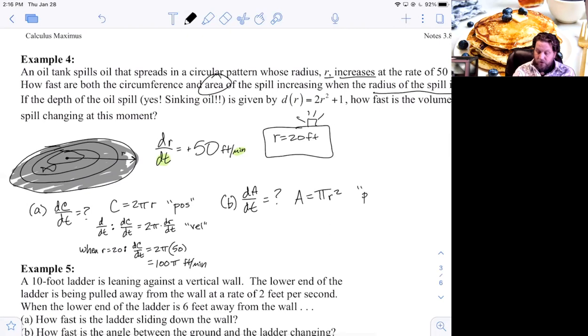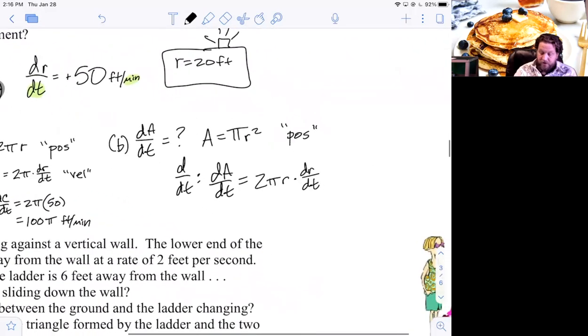So again, that's your quote-unquote position equation. Now we'll take the derivative with respect to time, and you get dA/dt equals 2 pi r, which is the circumference, times the chain rule, dr/dt. Don't forget, every variable will get a dt. And notice that does have an r in it.